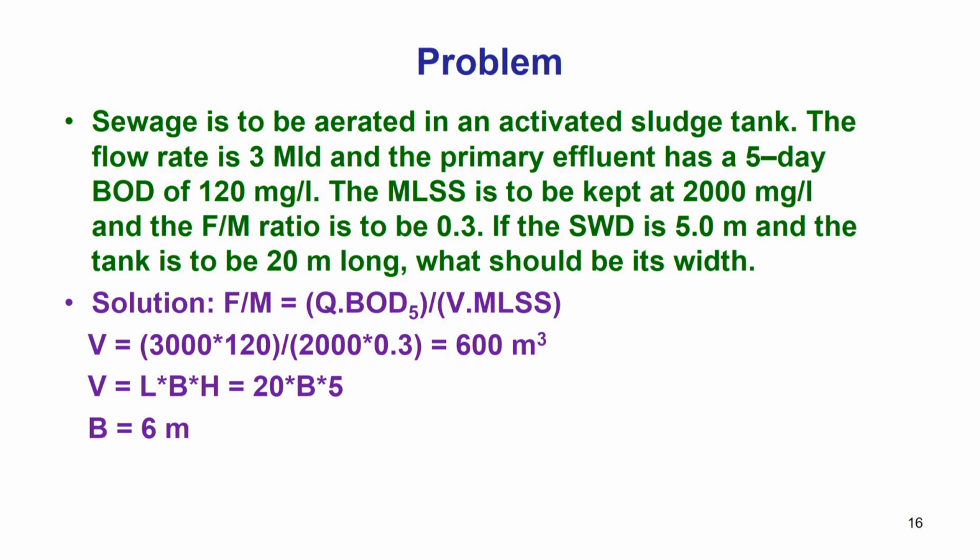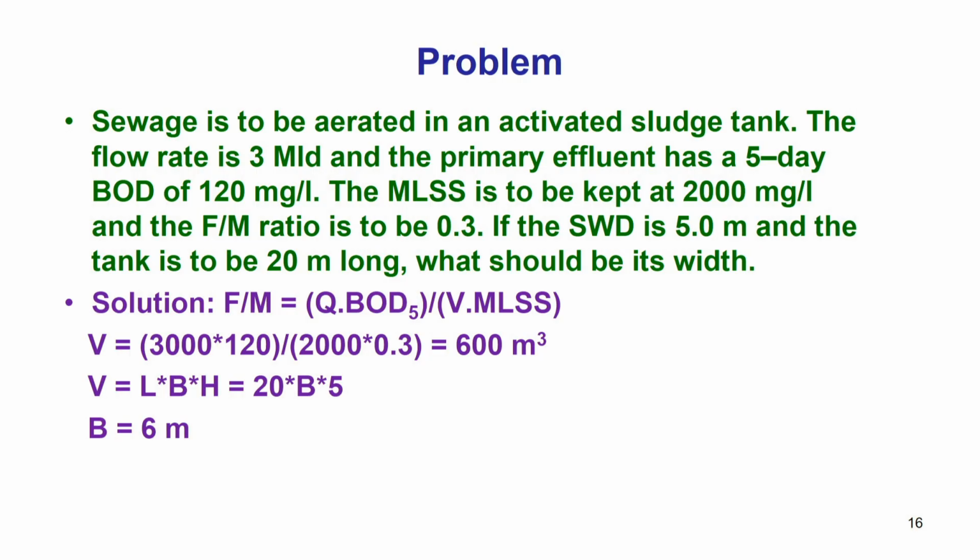So first thing, how would you define F by M? F is the food, and food is Q multiplied by BOD5. Whatever BOD is coming in, that is organics, that is food, and Q is the flow rate. So this is the total food, Q into BOD5, and M is the microorganisms. So this is V, volume, into MLSS. MLSS is in mg per liter and volume is in liter, so this is mg.